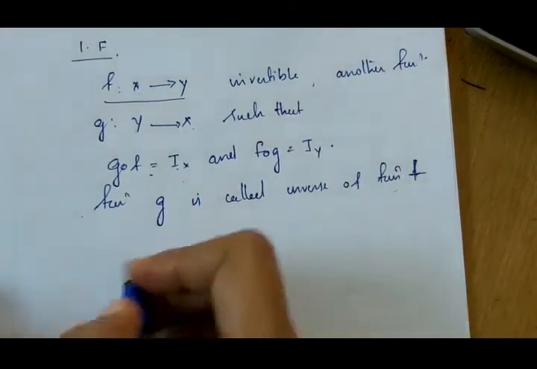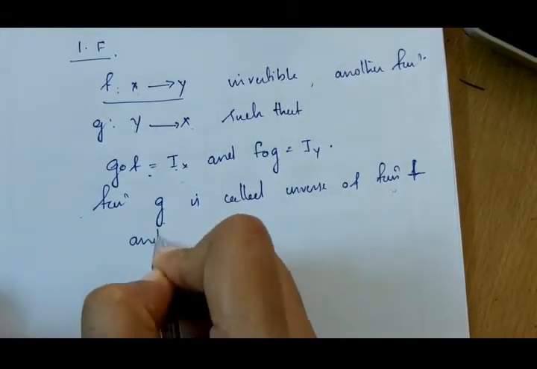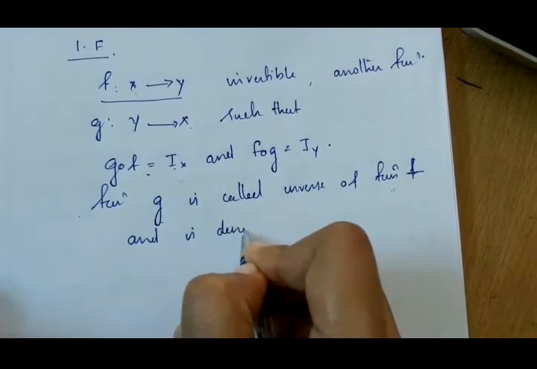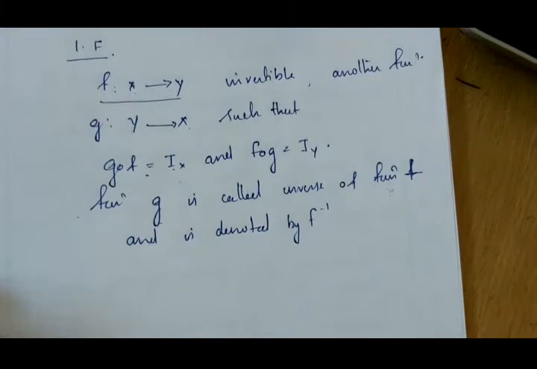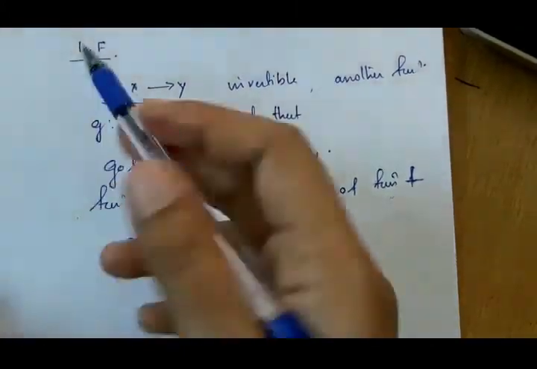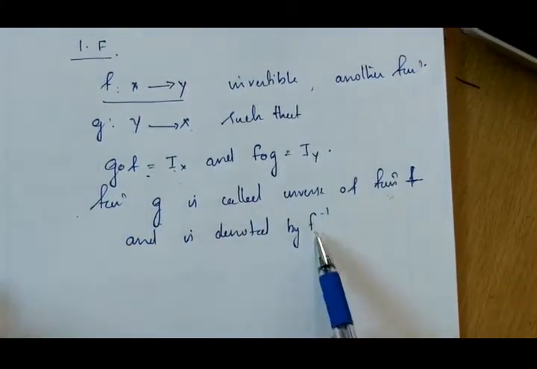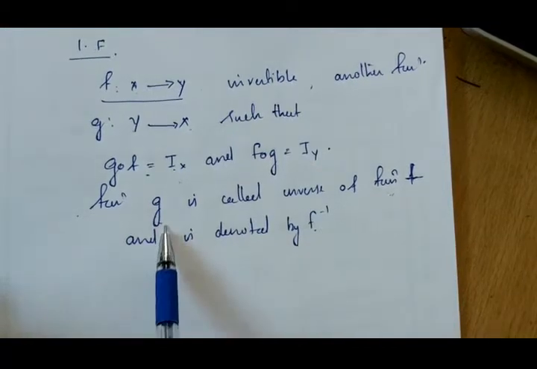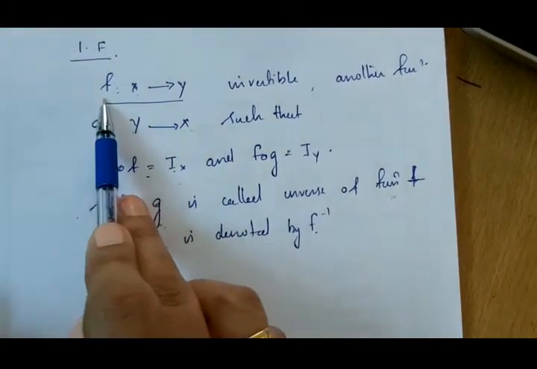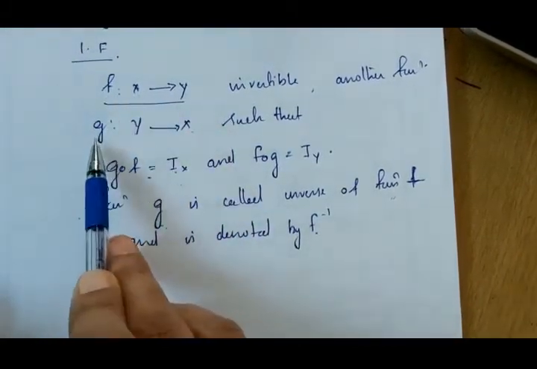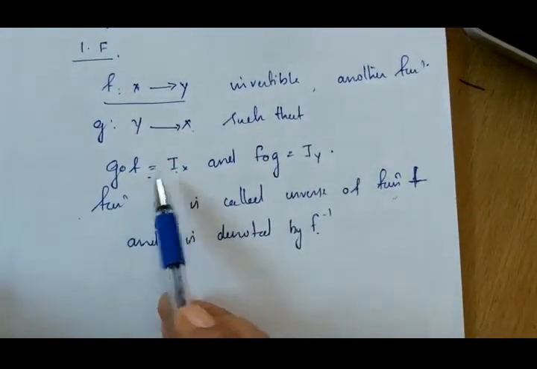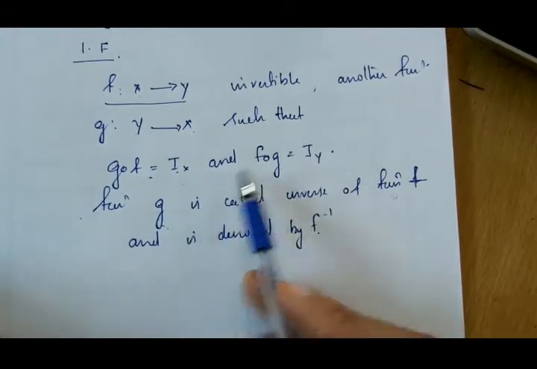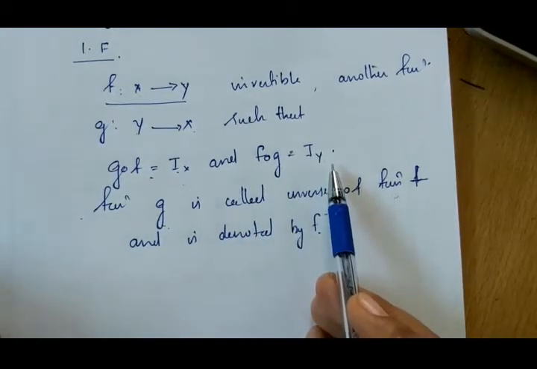Okay, and g is denoted by f inverse. What have we discussed? We can represent an inverse of the function f as f inverse. Here it is g. What is the condition? If f is a function from x to y, then there exists a function g from y to x such that g composition f is equal to I x and f composition g is equal to I y.